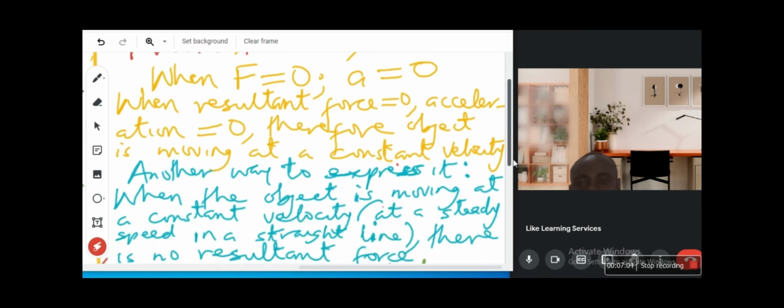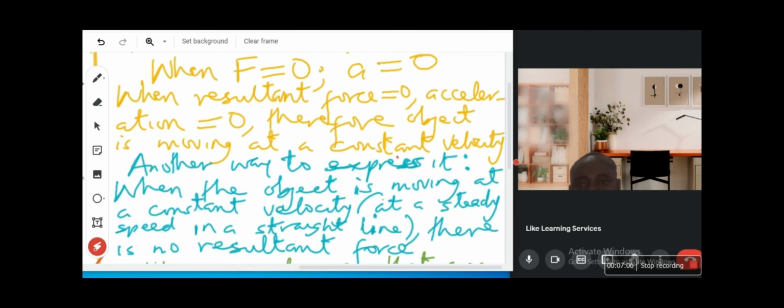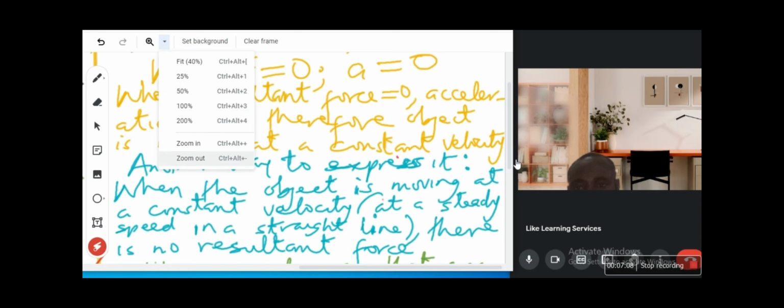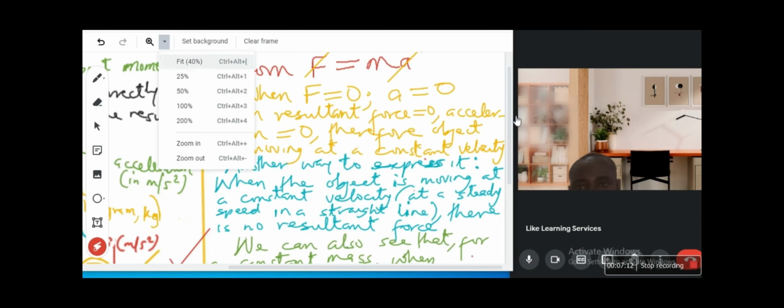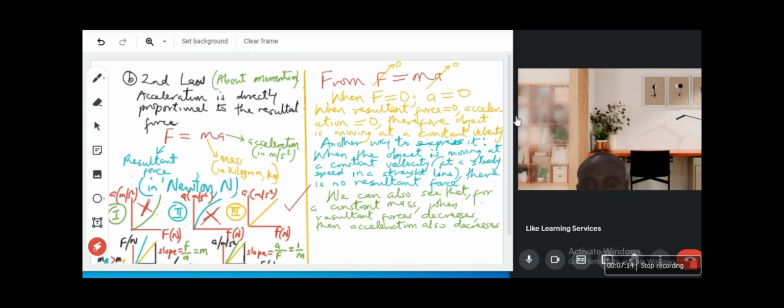So we have deduced a number of points. Let me zoom out so that we can see all of them together. We have deduced that from F equal to ma, when resultant force, which is F, is 0, the only explanation is acceleration must also be equal to 0. So that mass times the acceleration will give you that 0, which is the resultant force. So when F is equal to 0, a is equal to 0.